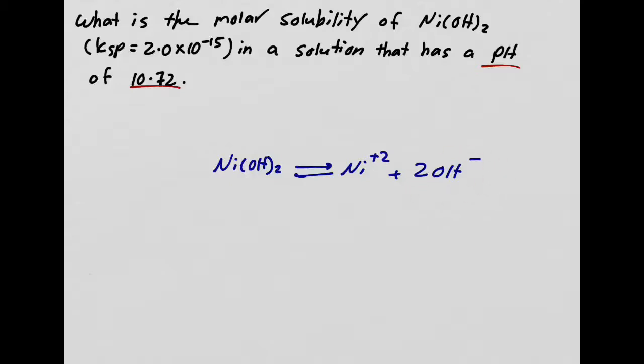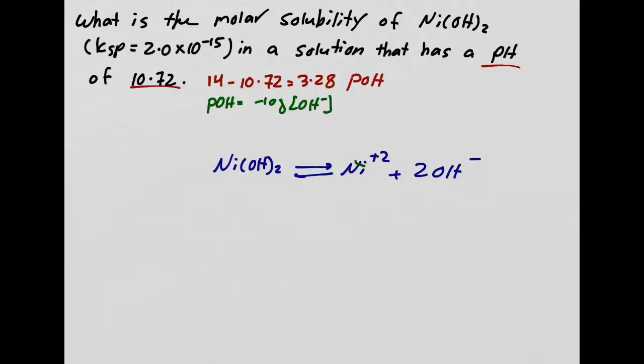The OH concentration. Well, I know how to do that, because if I go 14 minus 10.72, I get 3.28, and that would be the pOH. Now we're getting somewhere. Because pOH is equal to minus log of OH minus, right?